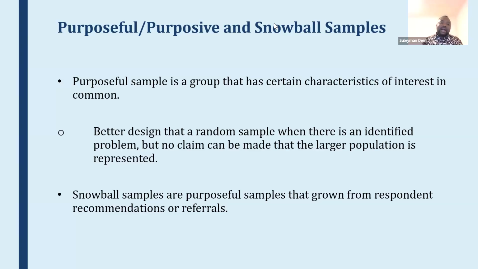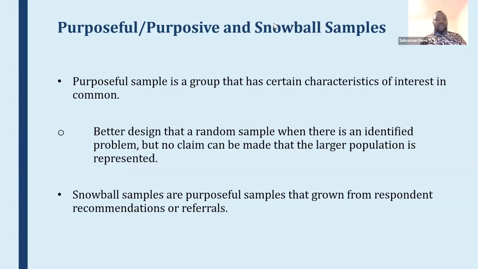Snowball sampling is a type of purposive sampling that grows from respondent recommendations or referrals. So here you identify an individual who possesses the information that you are interested in.